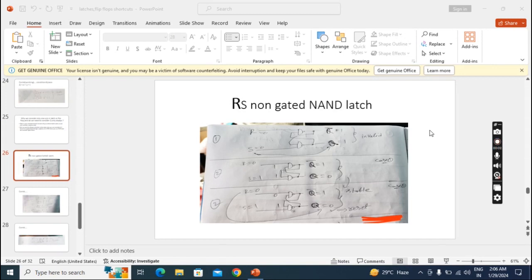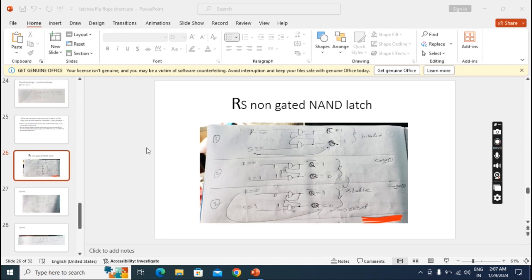Some of my students asked, sir, whether it is an SR latch or an RS latch. We can call it an SR latch or an RS latch. In the first lecture I uploaded, I named it SR, that is SR non-gated NAND latch. So here, to clarify, I have taken RS, non-gated NAND latch.